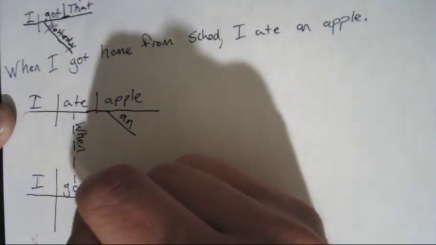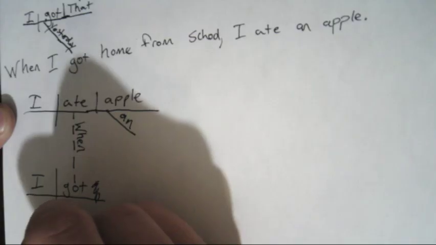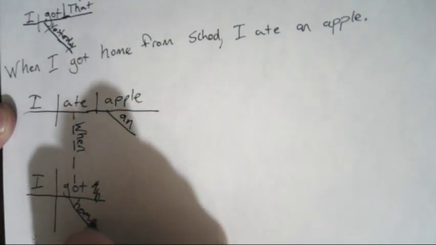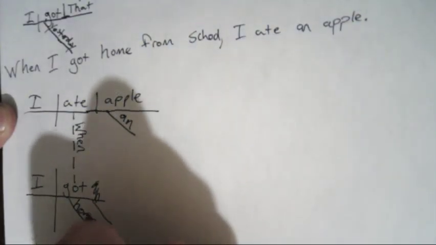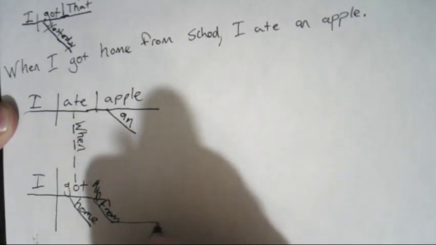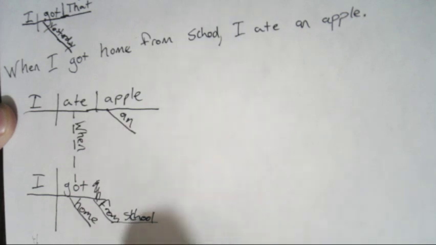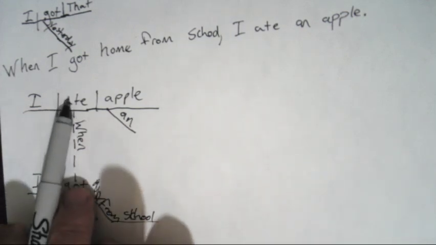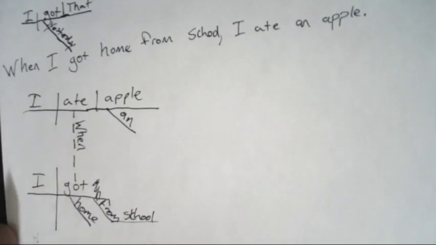Well, that's not right. Sorry, it's not a direct object. It's a modifier. I got what? I got how. I got home. I got home, and I also got the prepositional phrase from school. All right. Now the when is showing the relationship between ate and got, right? So that's where it goes right down that line.